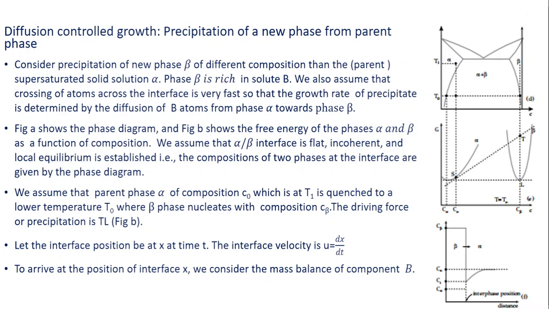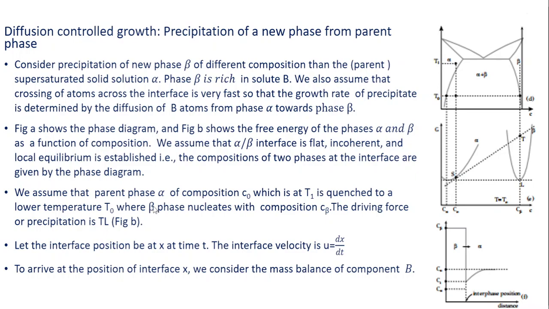As a consequence, this alpha is supersaturated, so beta phase nucleates here, and when the transformation is complete, the alpha phase will have this composition, and the beta phase, which is separated from alpha, having a supersaturated solute content, will have this composition.